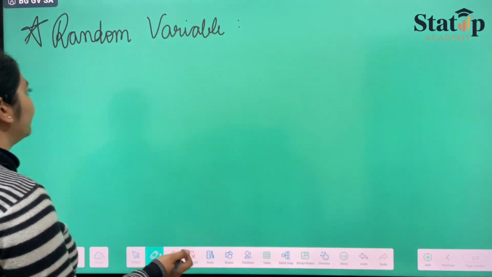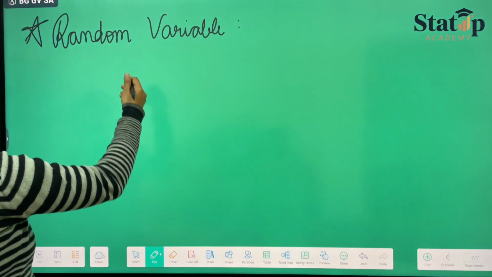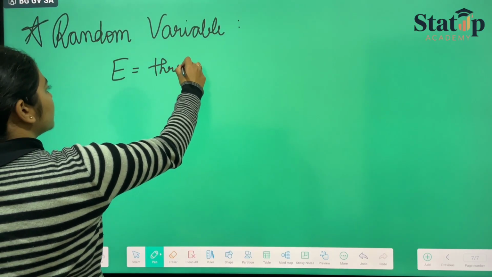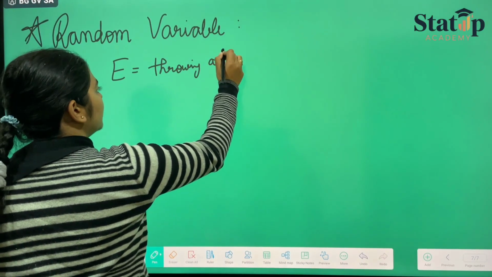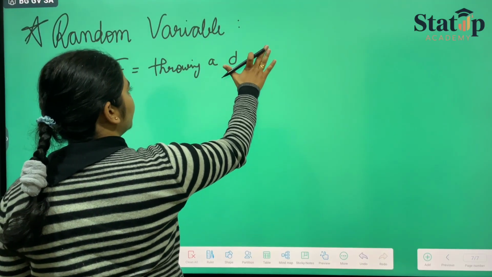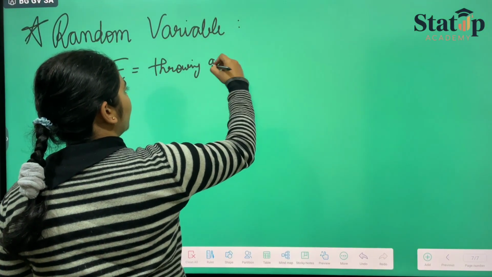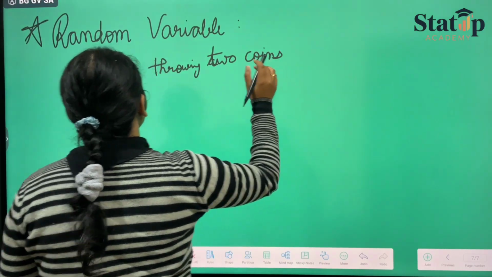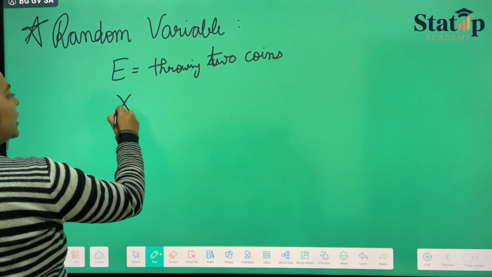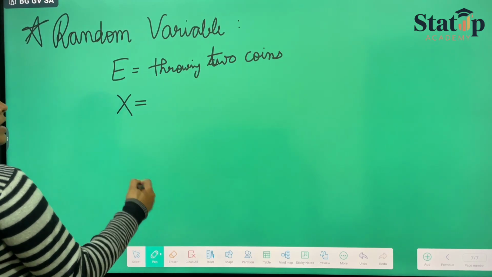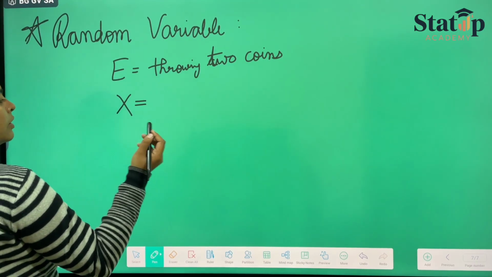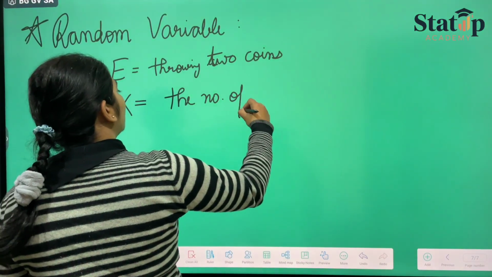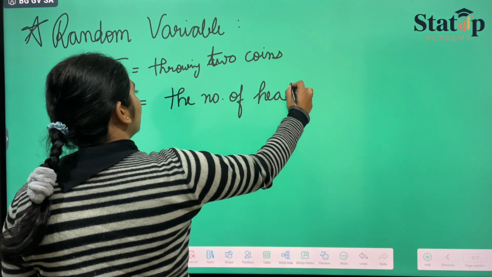Suppose we have an experiment where the event is throwing a dice, or suppose throwing a coin, two coins. This is the event. Now from this we have the random variable, let us represent it by x. Then the random variable represents the number of heads which appear.